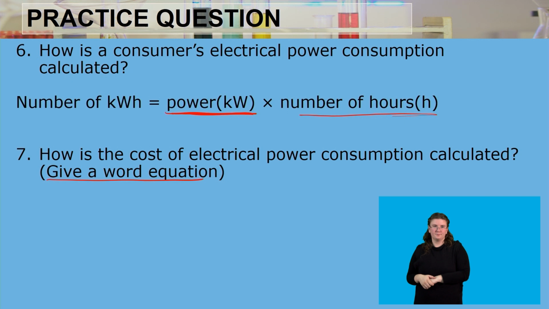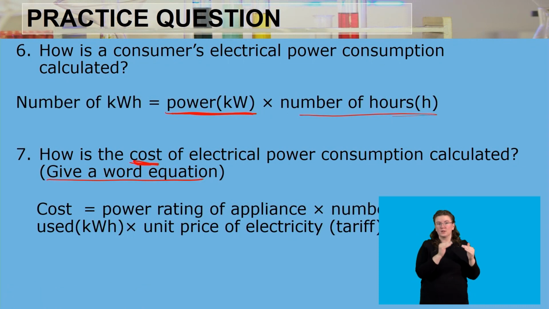Then how is the cost of the electrical power consumption calculated? We are still using the very same equation, but on top of that, we need to add the tariff. Remember that the tariff is going to be different from location to location.